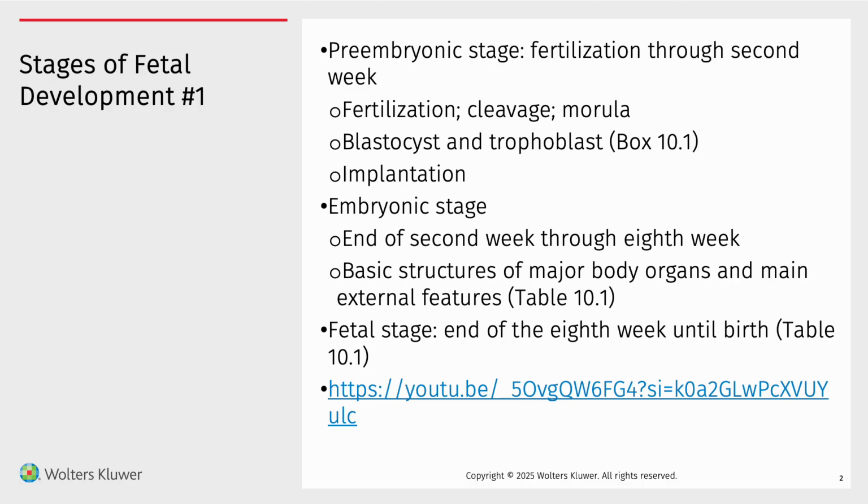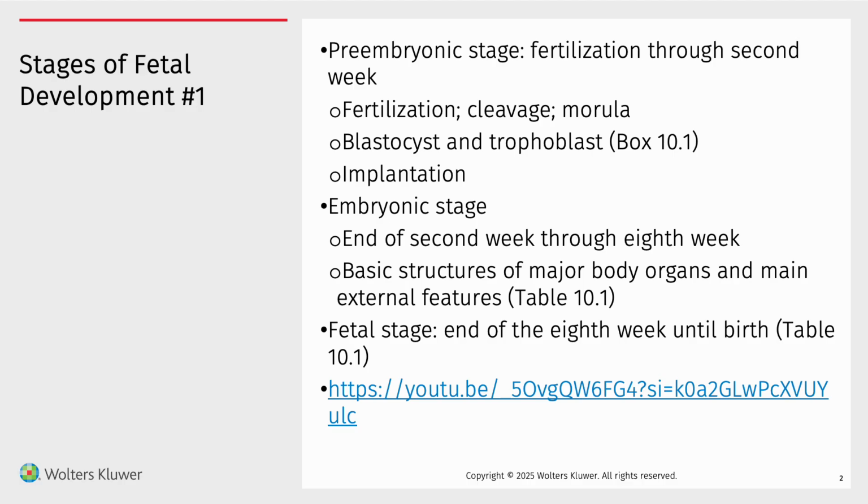Blastocysts and trophoblasts. So let's understand this. Fluid enters the morula, forming a blastocyst, which is a hollow structure that will become the embryo. The outer layer of the cells is the trophoblast, which will eventually develop into the placenta and other supporting structures.